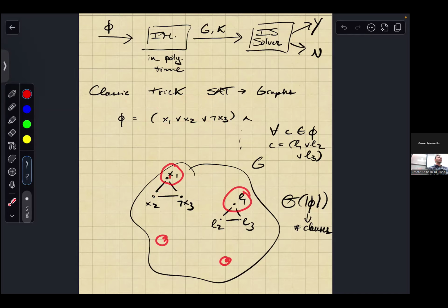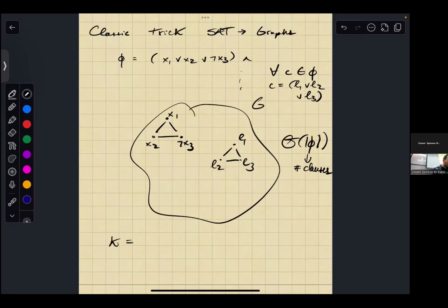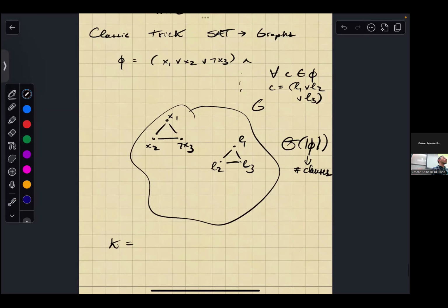And all of those together are going to form a yes instance to the initial independent set problem, or the 3-SAT problem. Okay, so what should my K be? My K should be the number of clauses in my original Boolean formula phi.